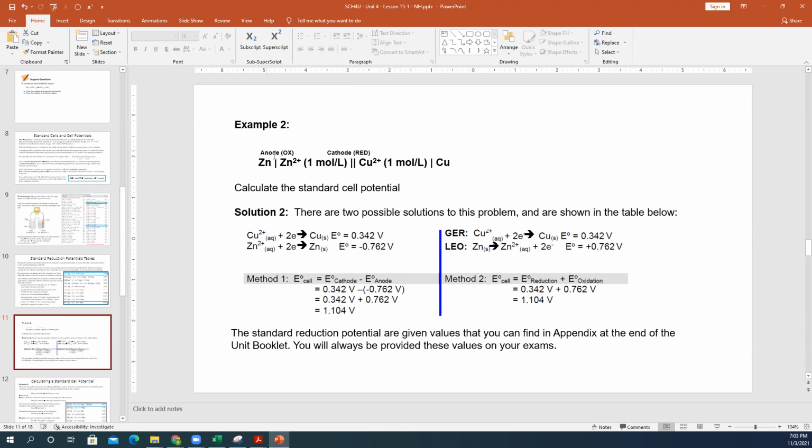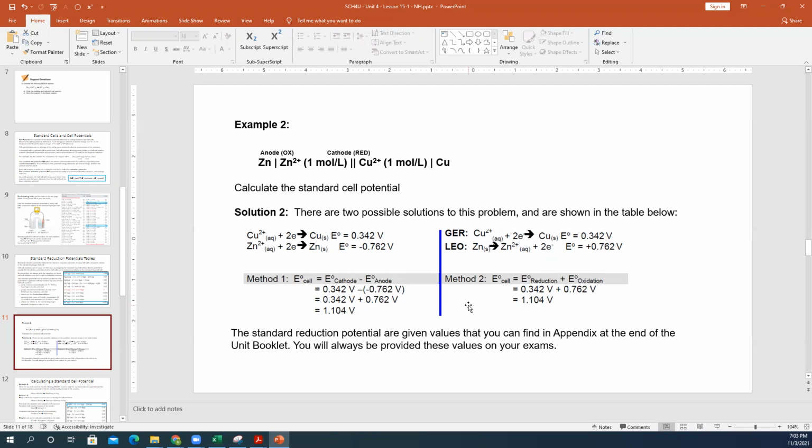At the anode, we have the zinc, so we take its value, negative 0.762 volts. If we do the math, we end up with 1.104 volts.